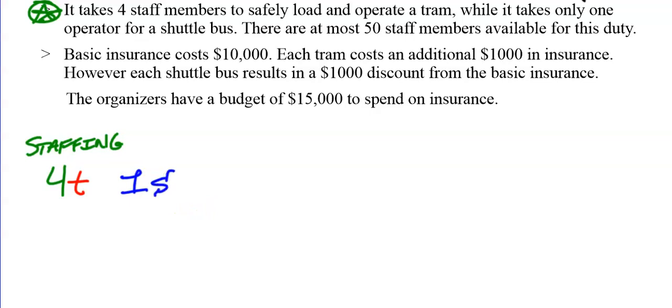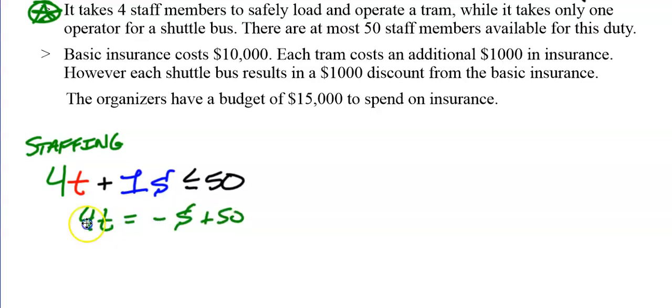And you add these two together, there are at most 50, which means this has to be less than or equal to the at most, which is 50. So this is going to be the equation for our staffing. And we move this S over, so then we got 4T is less than or equal to negative S plus 50.